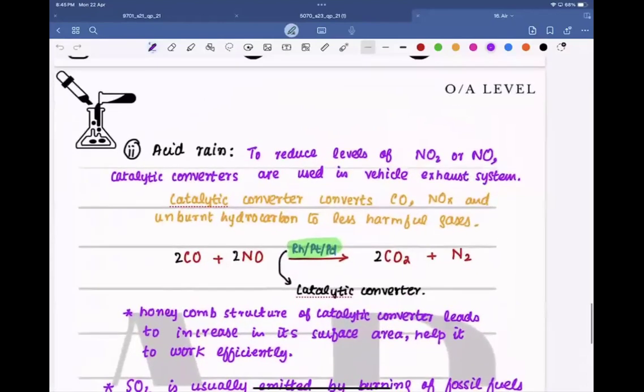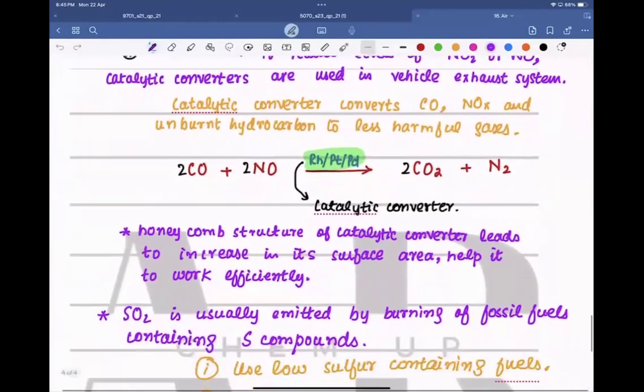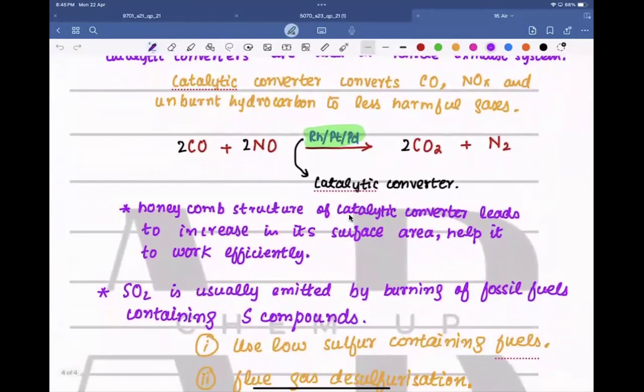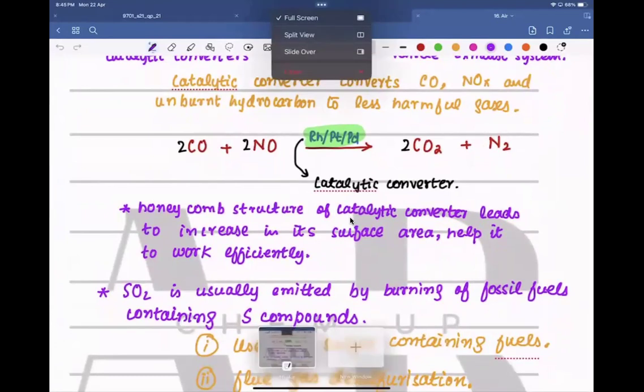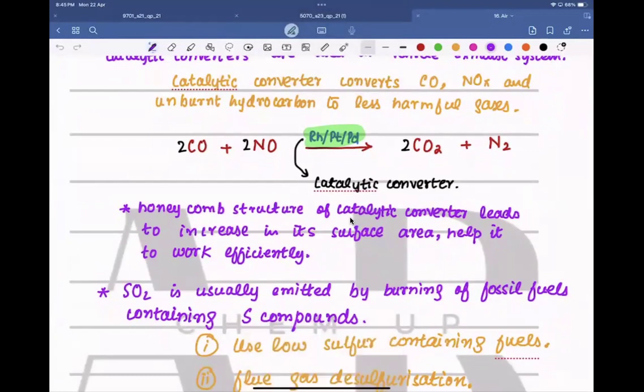See, this is the reaction over here, the catalytic converter one.